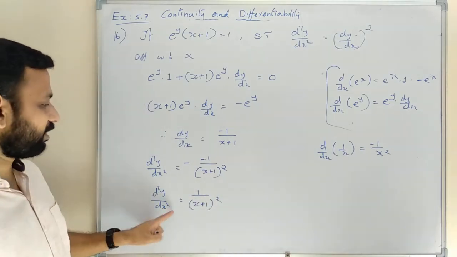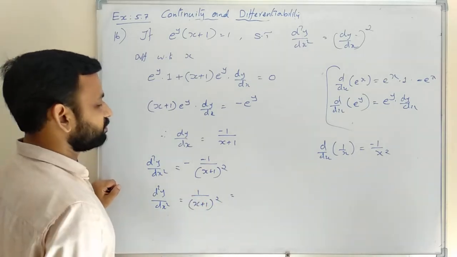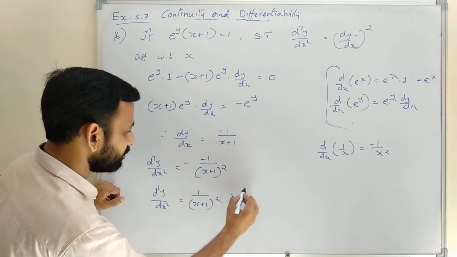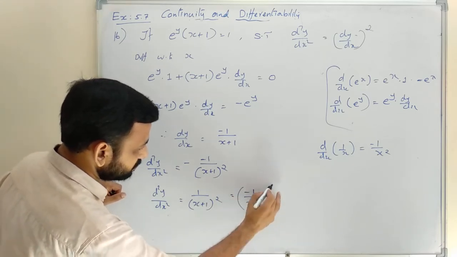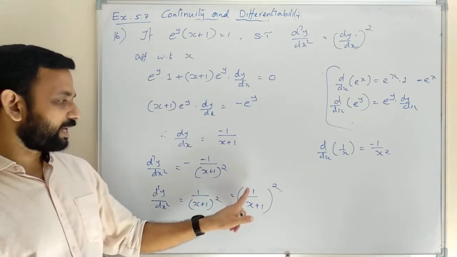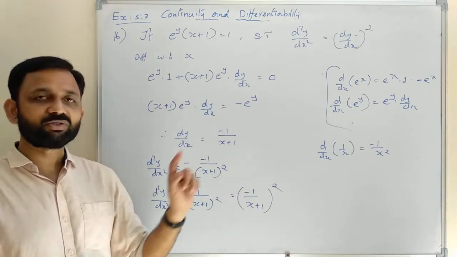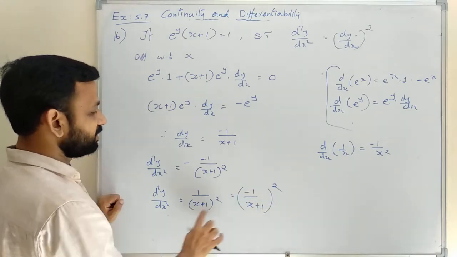So that is d square y by dx square. That is equal to 1 upon x plus 1 whole square, which is minus 1 upon x plus 1 whole square. Both are the same, because minus 1 square is 1, and x plus 1 square is x plus 1 square.